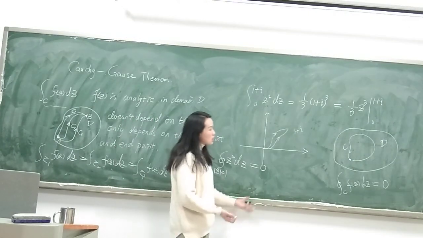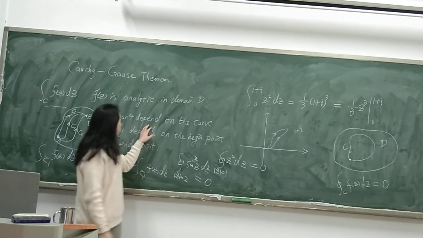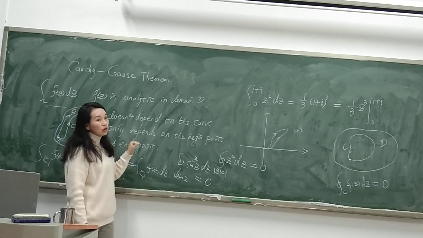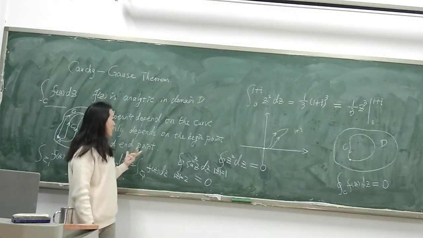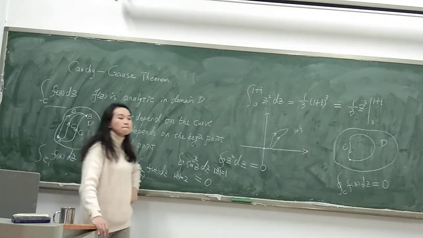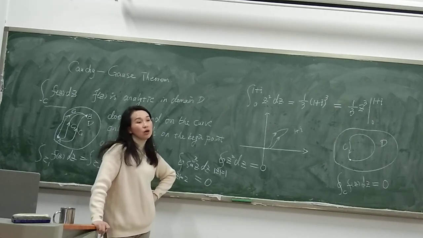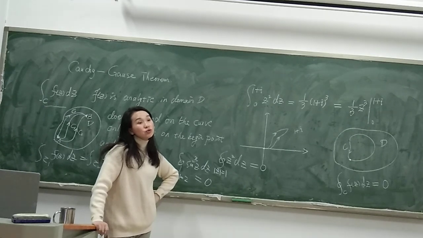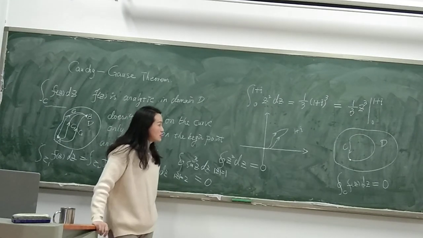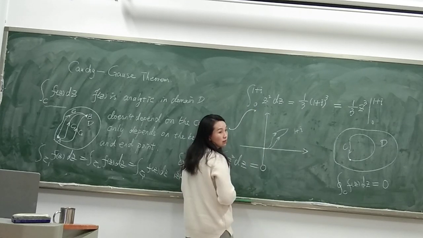If this C is not closed, is open, the integral doesn't depend on the curve, only on the beginning point and the end point. Understand that? So teacher, how do we know if the curve is closed or open? It's very easy. For example, if you give me a curve like this one, this is open.